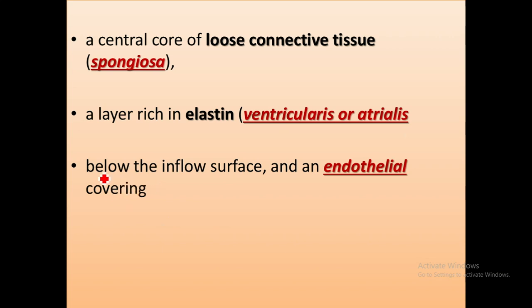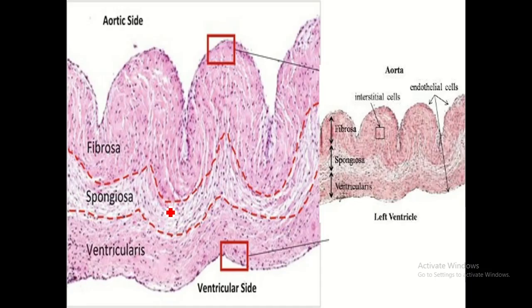Below which, towards the inflow surface, there is endothelial covering. As you can see in this picture, this is collagenous fibrosa, spongiosa, loose connective tissue, and ventricularis rich in elastin. Plus towards inflow surface there are endothelial cells, and in between there are interstitial cells.